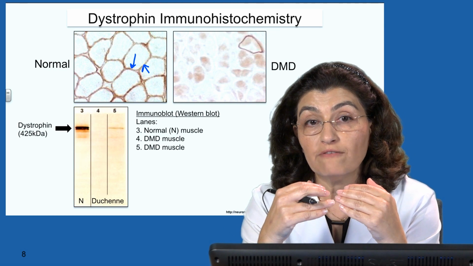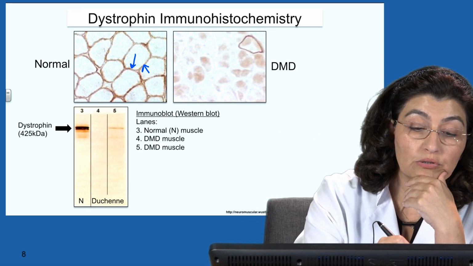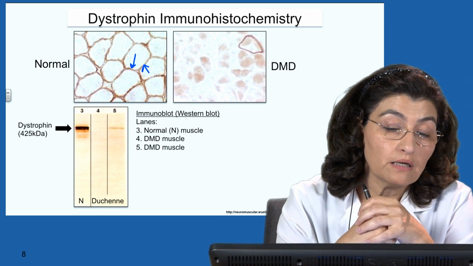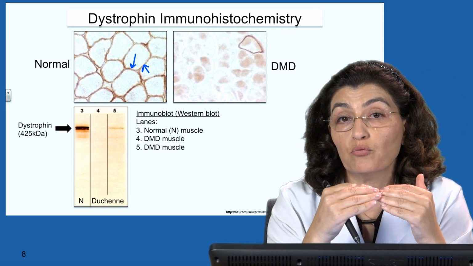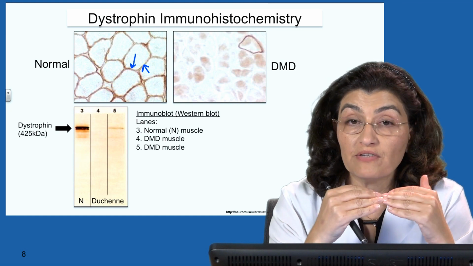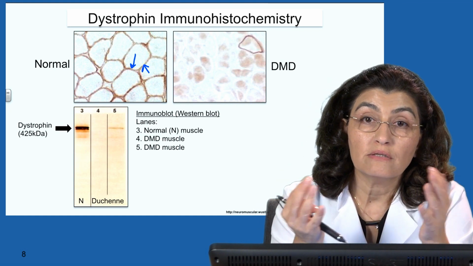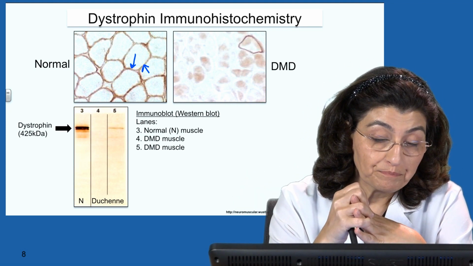If it's there, we're going to have a brown color; in our lab we use that color with a counterstain. The brown coloration means that the protein or component we're looking for is there. If it's missing, we're not going to have that colorimetric reaction in the skeletal muscle biopsy.